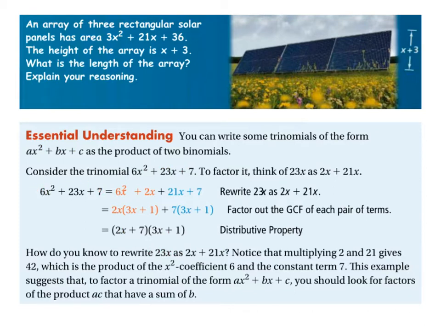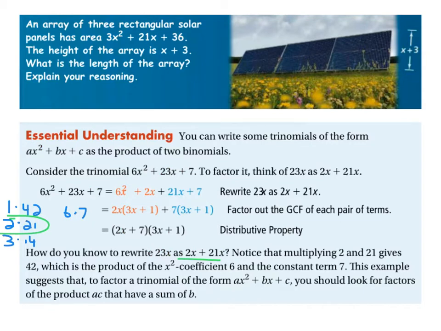And we're going to list the factors of 42, and I can do it over here on the side. 1 times 42, 2 times 21, 3 times 14, 6 times 7, okay? And we need to find two of them that will add up to 23. Which ones add up to 23? Right there. That's how you break it down into 2x and 21x, okay?